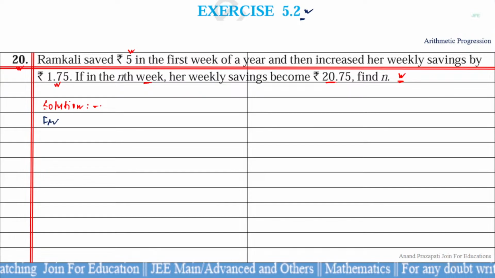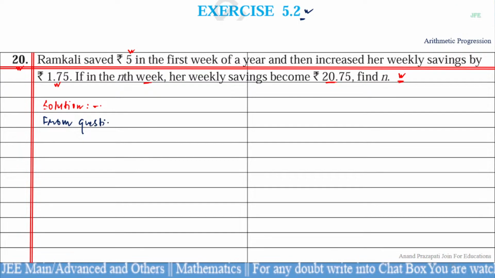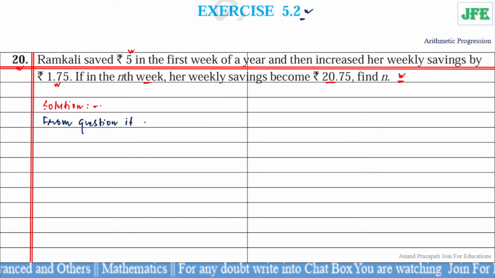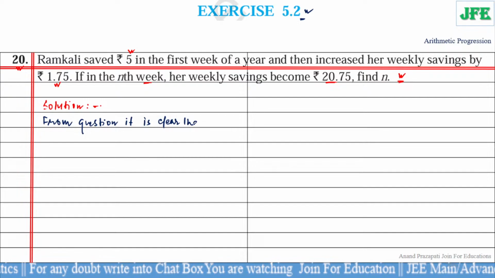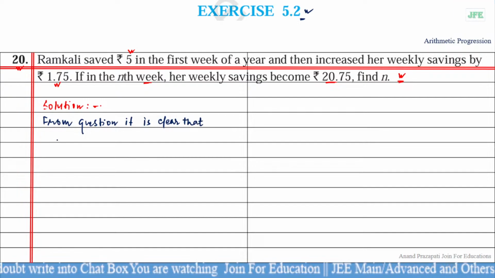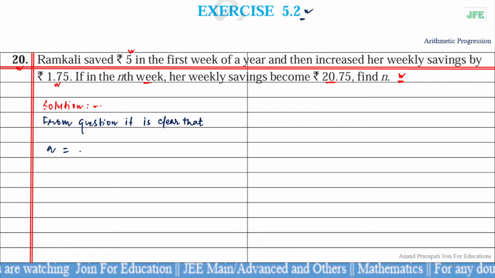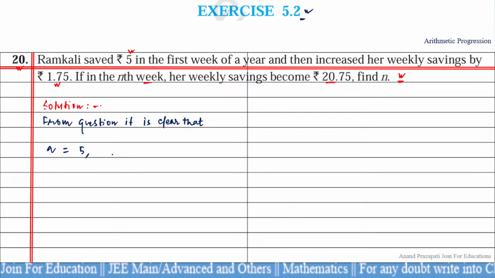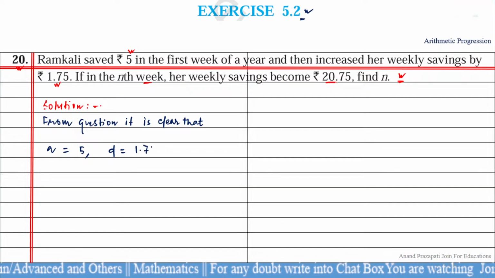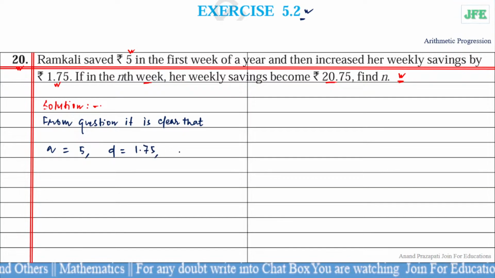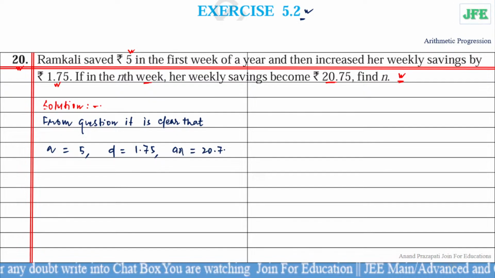From the question it is clear that here a equal to 5 and d equal to 1.75 and an equal to 20.75.